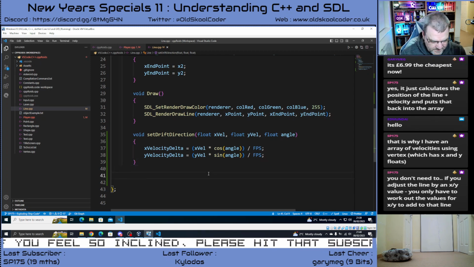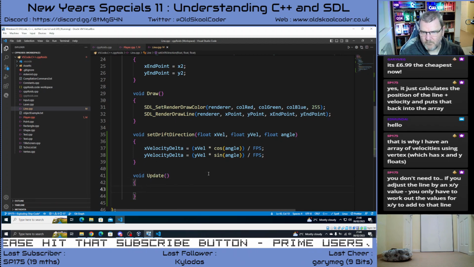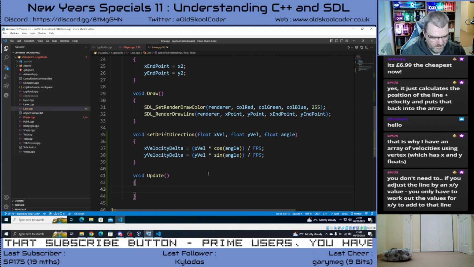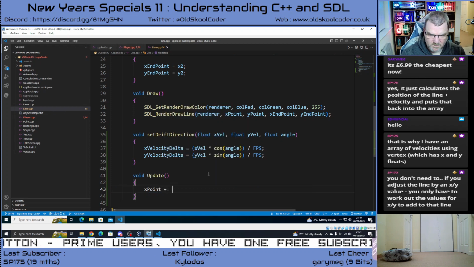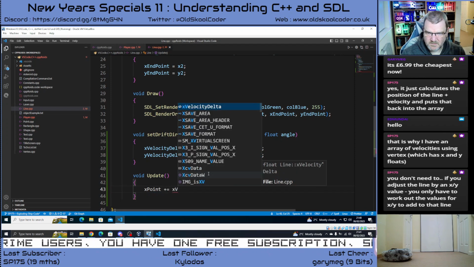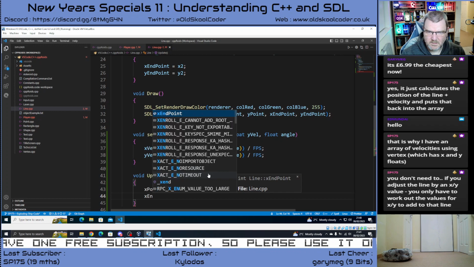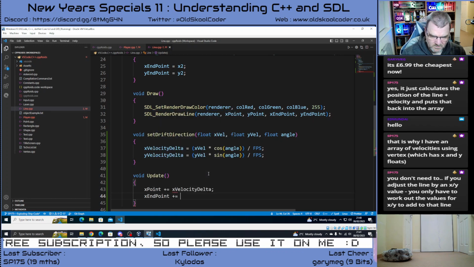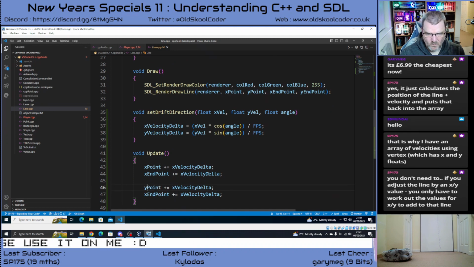And then in the update, it'll be x point plus equals x velocity delta, x end point plus equals x velocity delta, and then y and y.